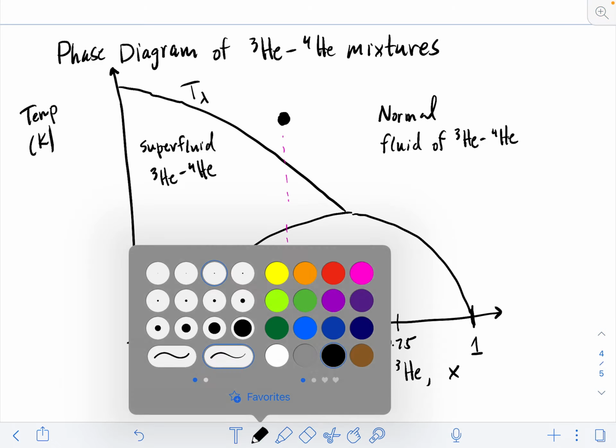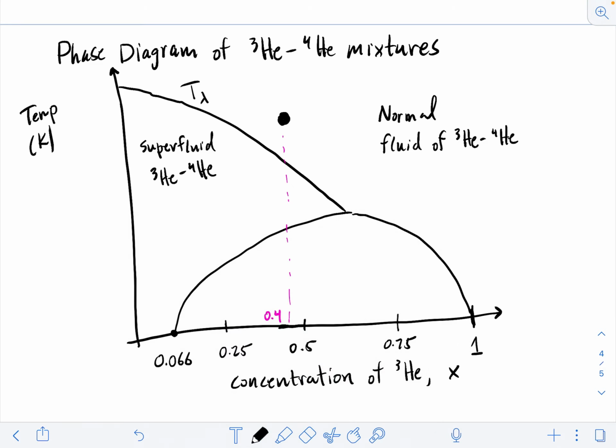And I'll also draw a temperature scale. And so over here is about 2 Kelvin. And then here's around 1 Kelvin. That corresponds roughly to where the little peak of this dome is. 2 Kelvin is going to be our starting temperature.